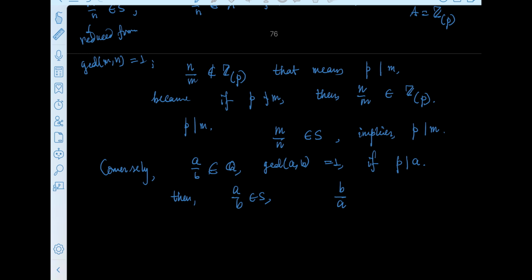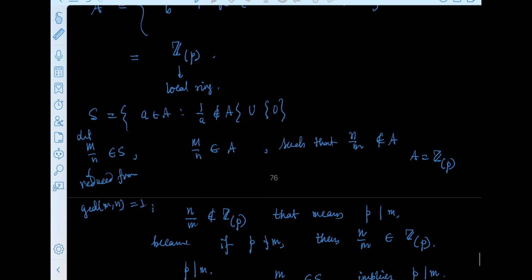Because look at B by A then, and P divides A. So this is not in the set, right?